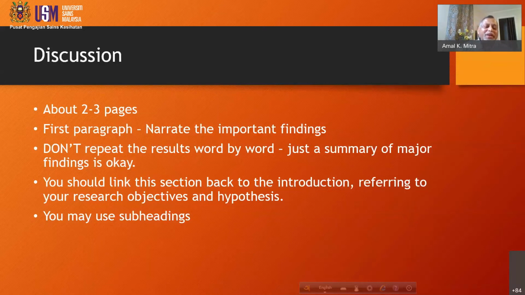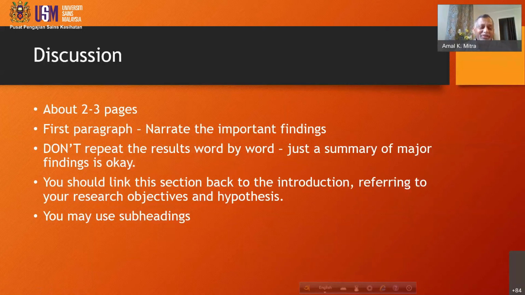Okay, so compare your study with other studies and always refer to what was your objective, what was your hypothesis. It's good to tell in the discussion that our objective number 1, 2 were met. You can also say our third objective was not met. We didn't find valid data in support of hypothesis number 3.